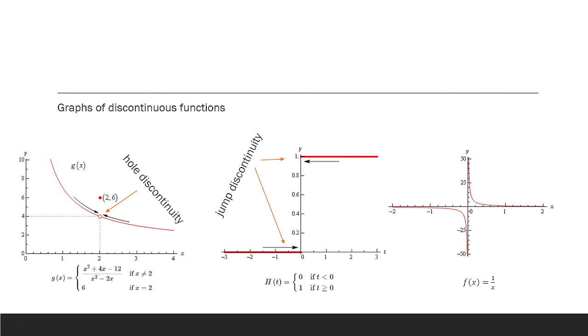Next, ito naman kanina, this is the graph of 1 over x. Kaka-discuss lang natin. Makikita natin that the discontinuity is coming from the fact that approaching 0 from the left side, we are approaching negative infinity. And approaching 0 from the right side, we are approaching positive infinity.